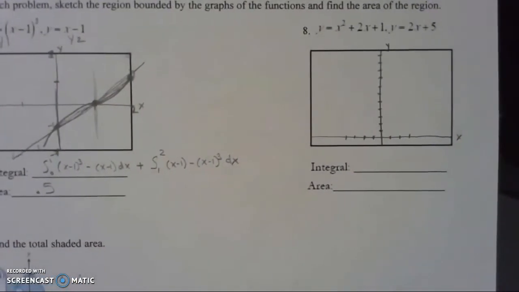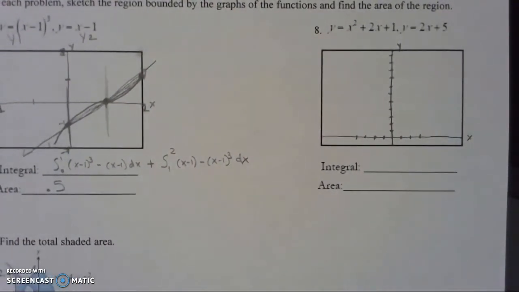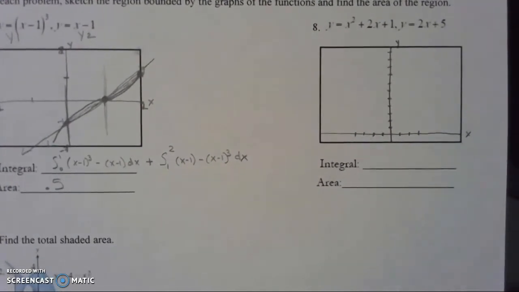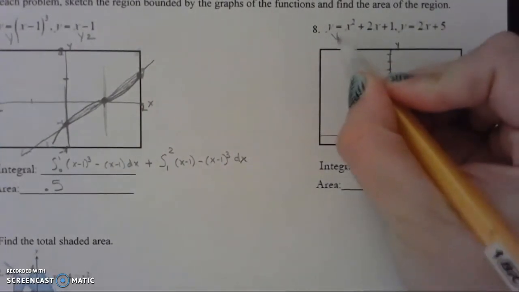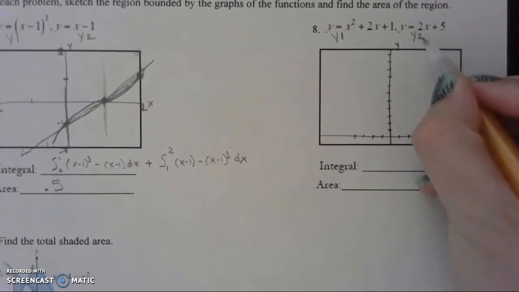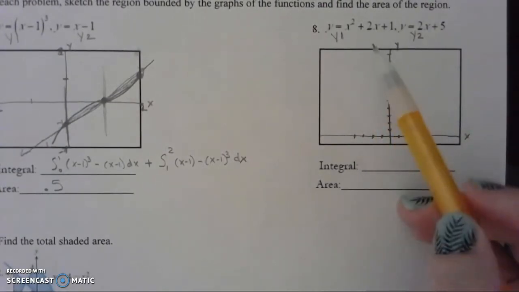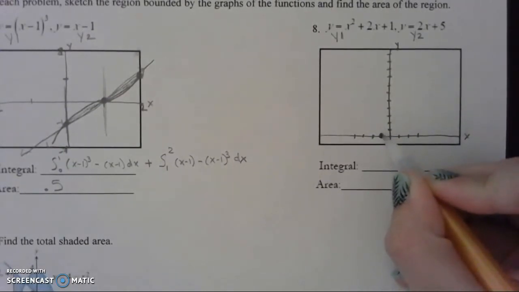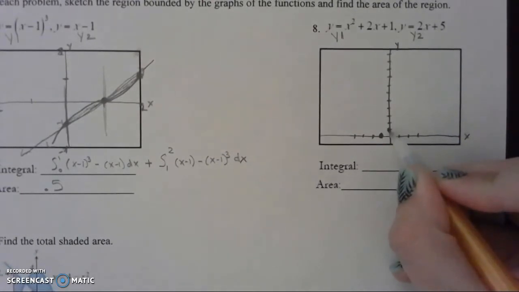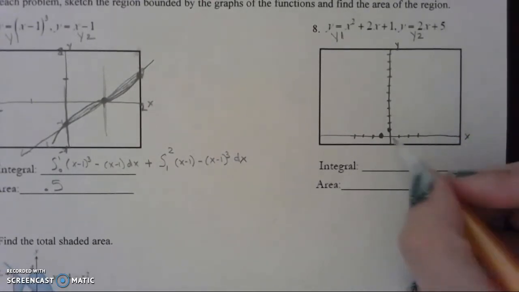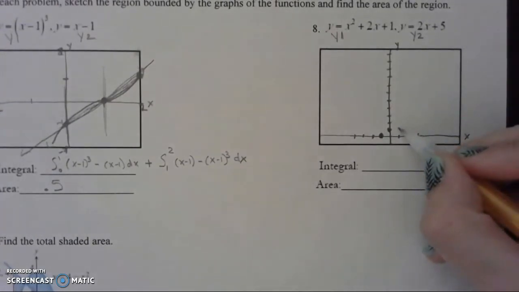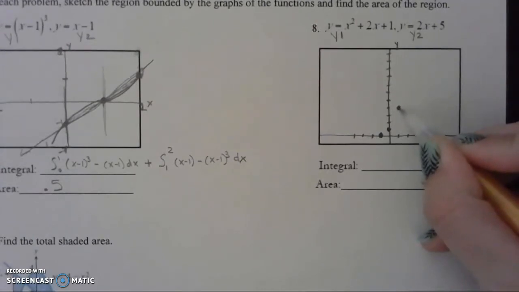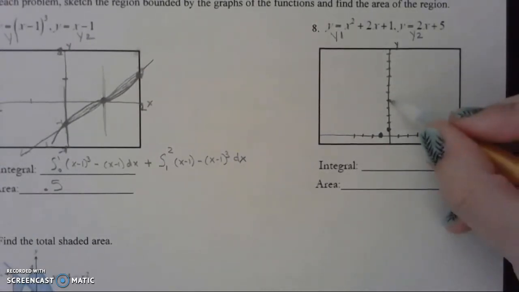Okay, this other one over here, we've got our two functions. Let's call this one our y1, and this one can be our y2. We've got a quadratic function, which is going to be here at (0, 1), then (1, 4), and (2, 9).